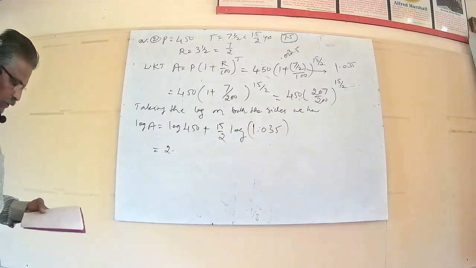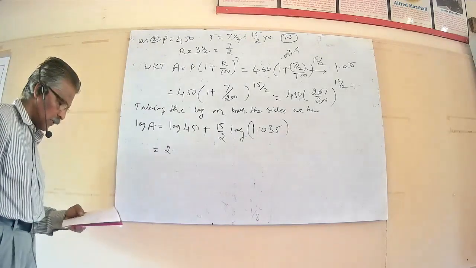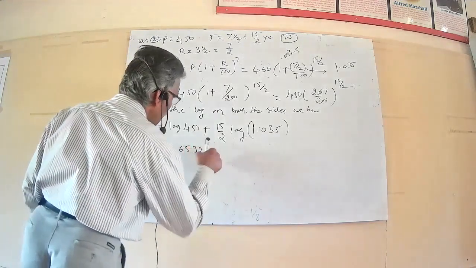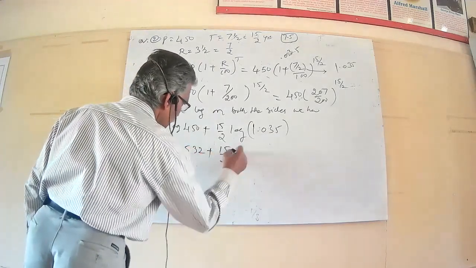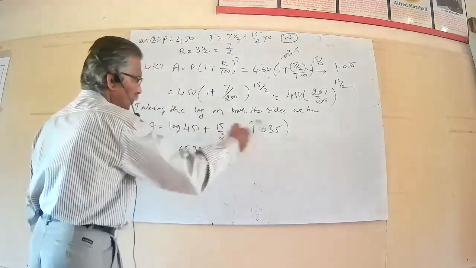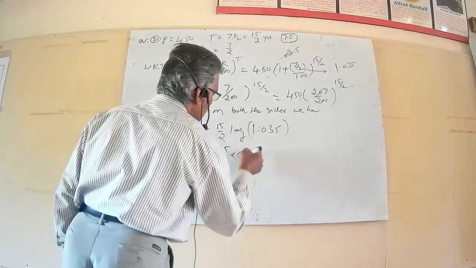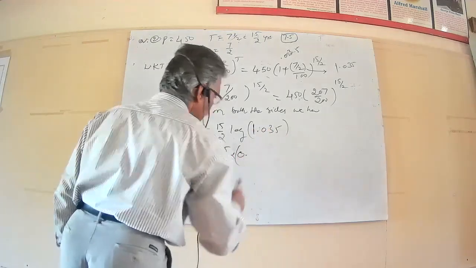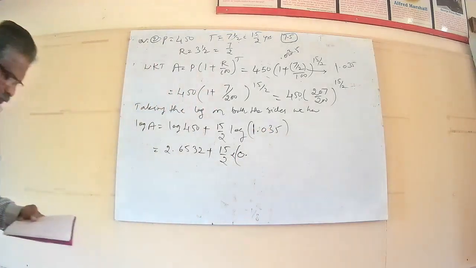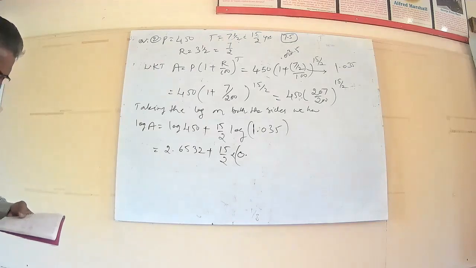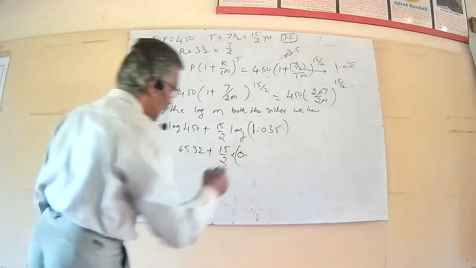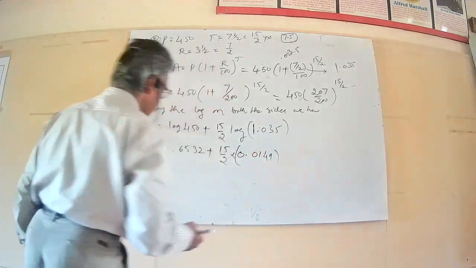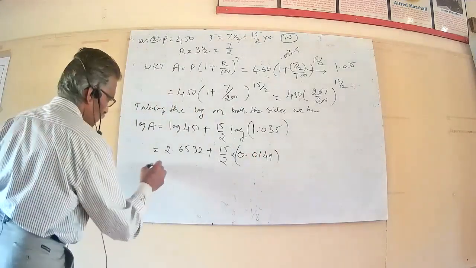So 2.6532 plus 15/2 into log of this is 0. So 1 minus 1 is 0. The logarithm value is 0.149.